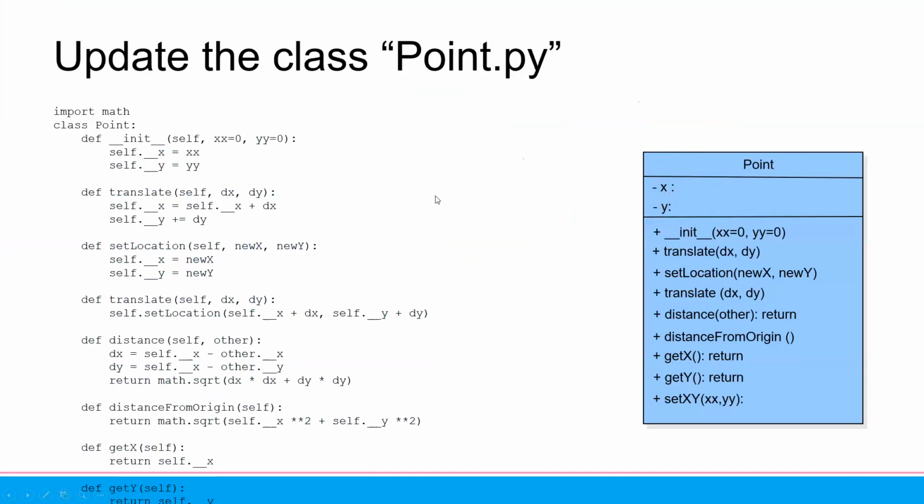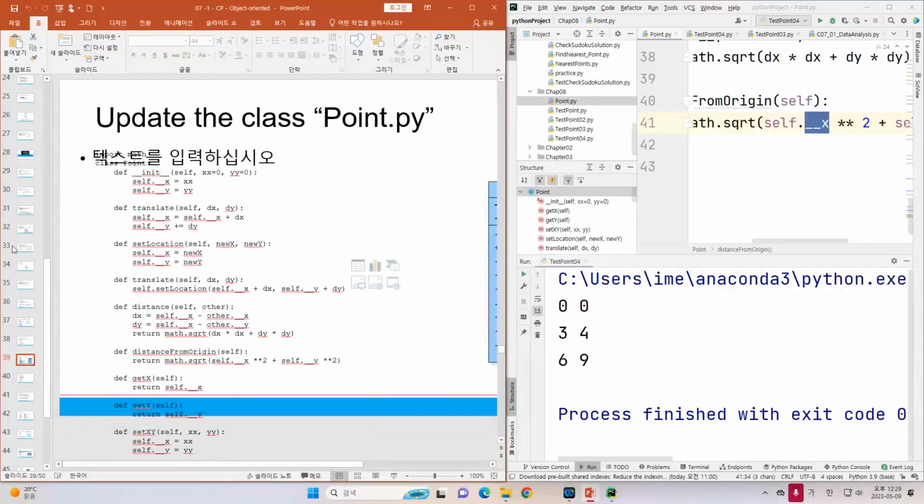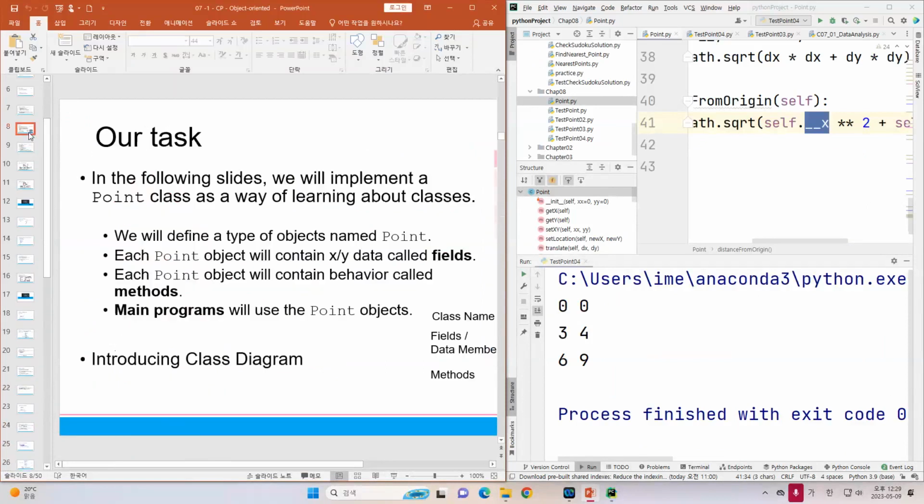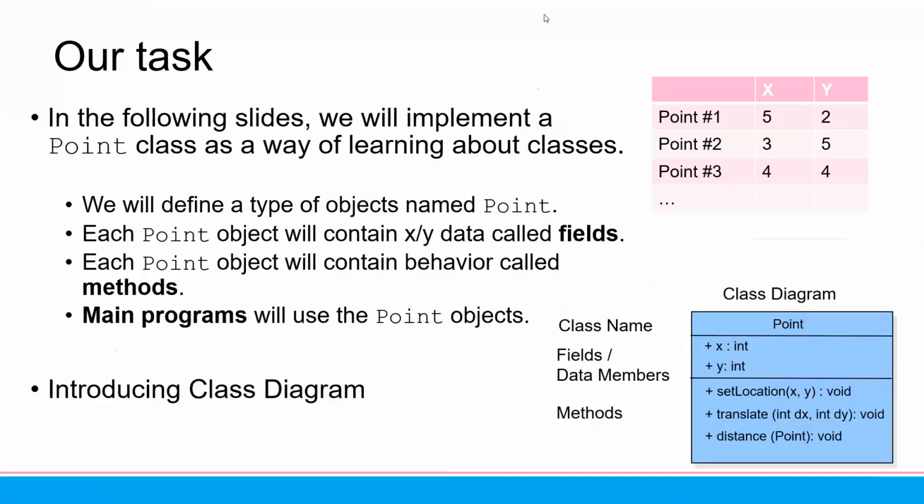So if you look at the previous slide, okay, this one. If you look at this one, it is showing that it uses plus. So it is public. You can access the data members.